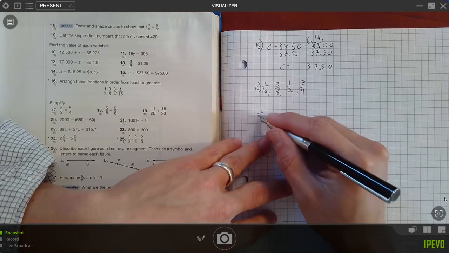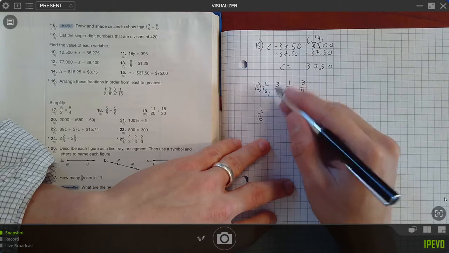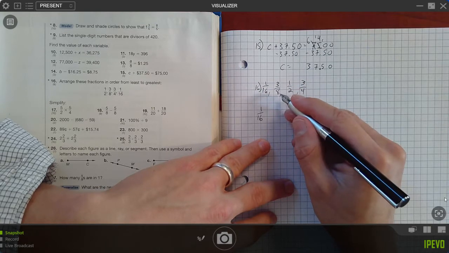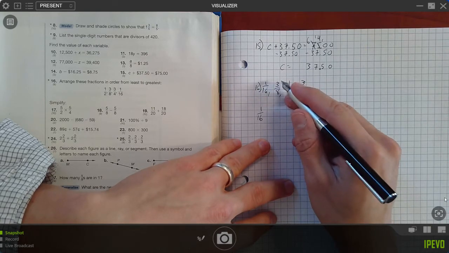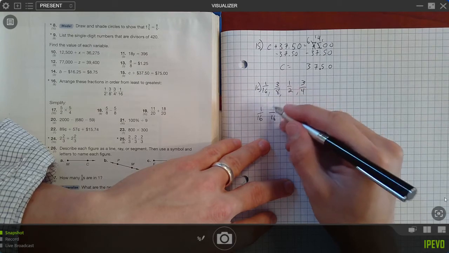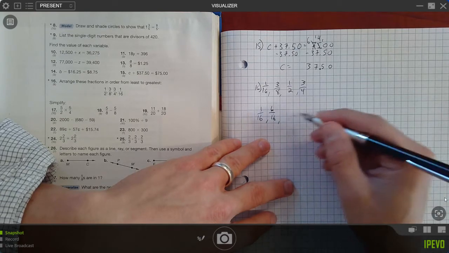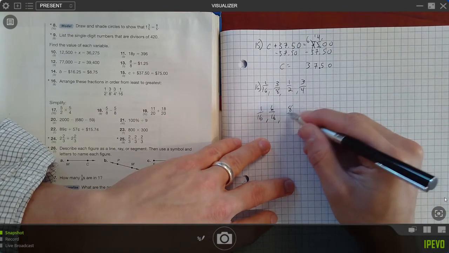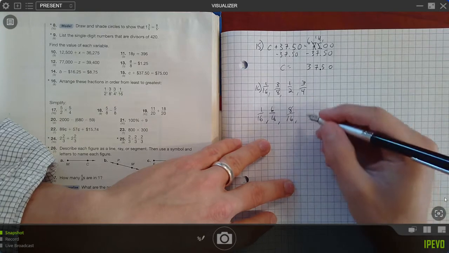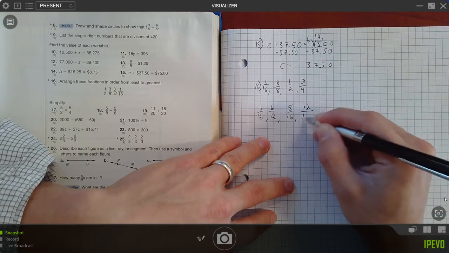So I could do 1/16. 8 gets to 16 if you multiply it by 2. So multiplying both sides by 2 is going to get me 16 on the bottom and 6 on the top. Then 8 over 16 and 12 over 16.